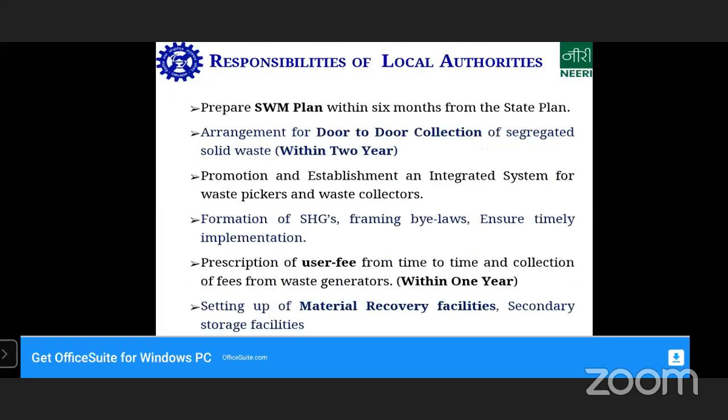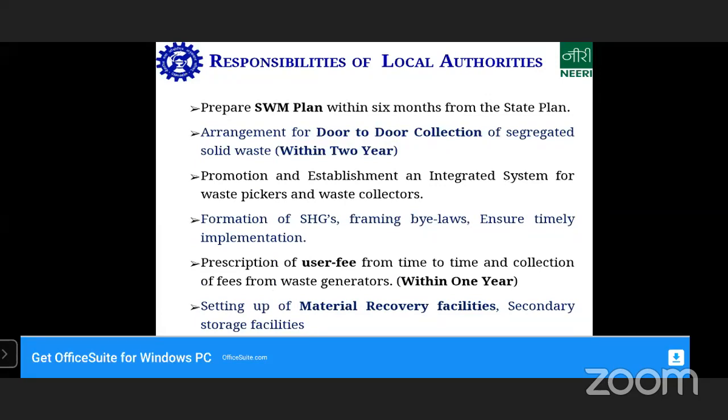Coming to the responsibilities of the local authorities at the local levels, they have to prepare a solid waste management plan for their state or their districts. That has to be done by these people. Then there is the arrangement of door to door collection of segregated waste, which might be through a truck or a tricycle or whatever means they feel like.